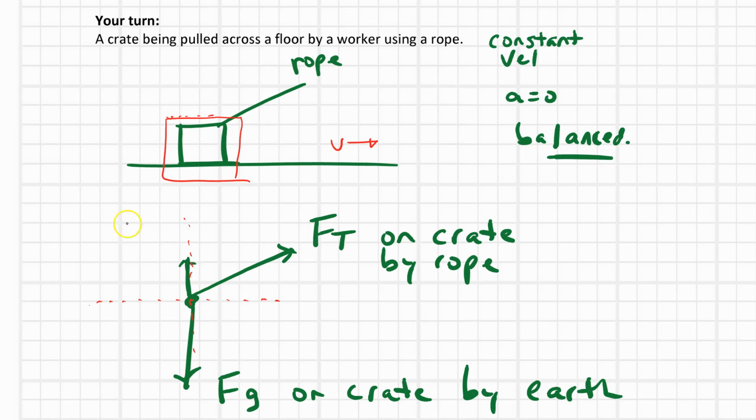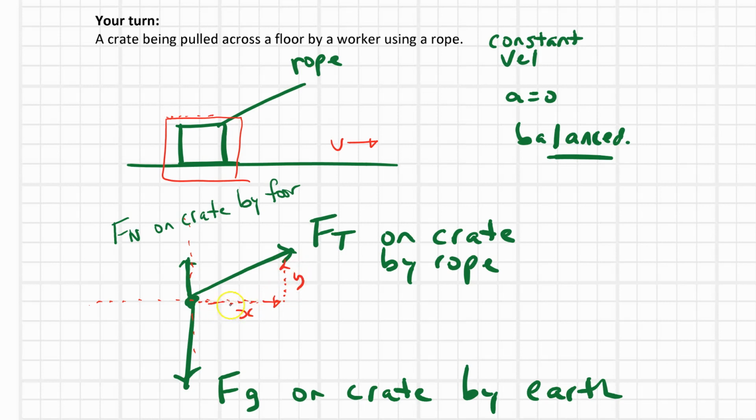I'm going to call that one the normal force on the crate by the floor. The other one is, in order to balance it, this tension force has a component that is going to the right, and a component that's going up. There's this x and the y.